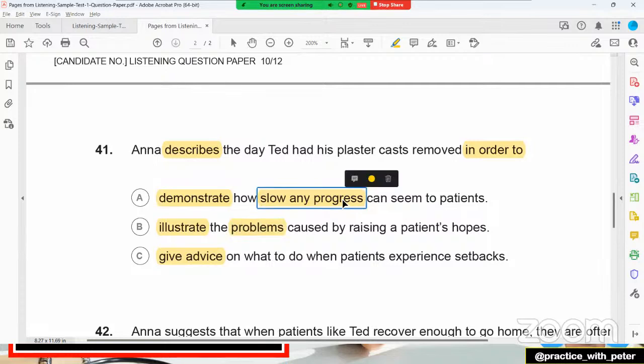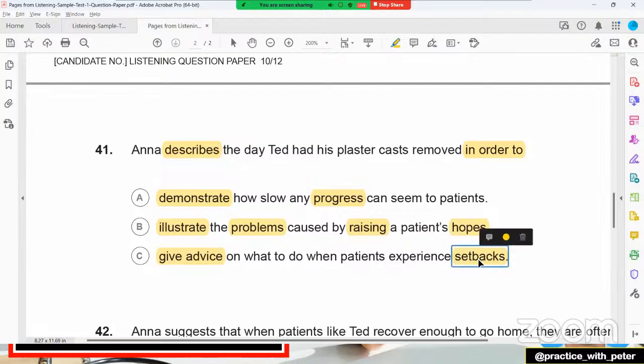Here is talking about the progress. He's talking about the problems caused by raising a patient's hopes. Okay. So raising hope. Okay. Give advice on what to do when patients experience setbacks. This is setback. Setbacks.